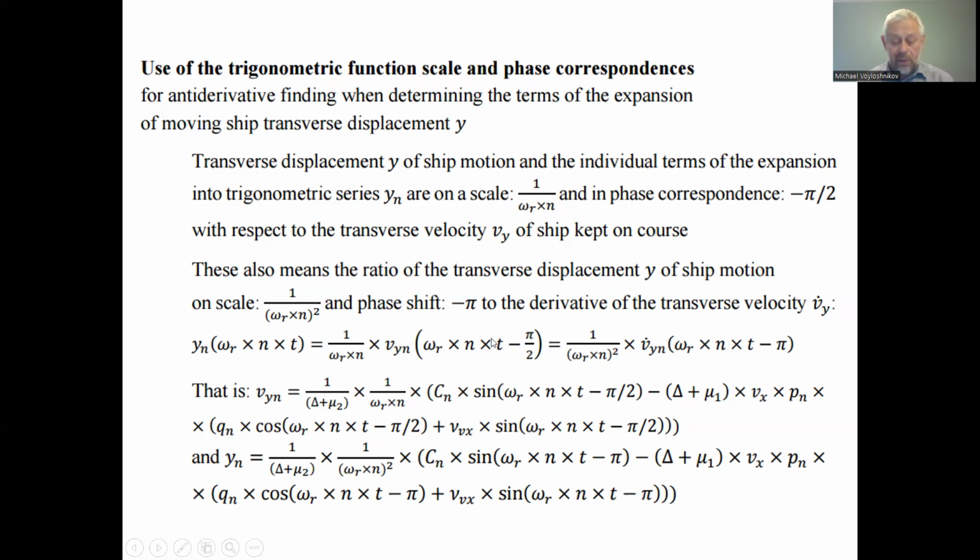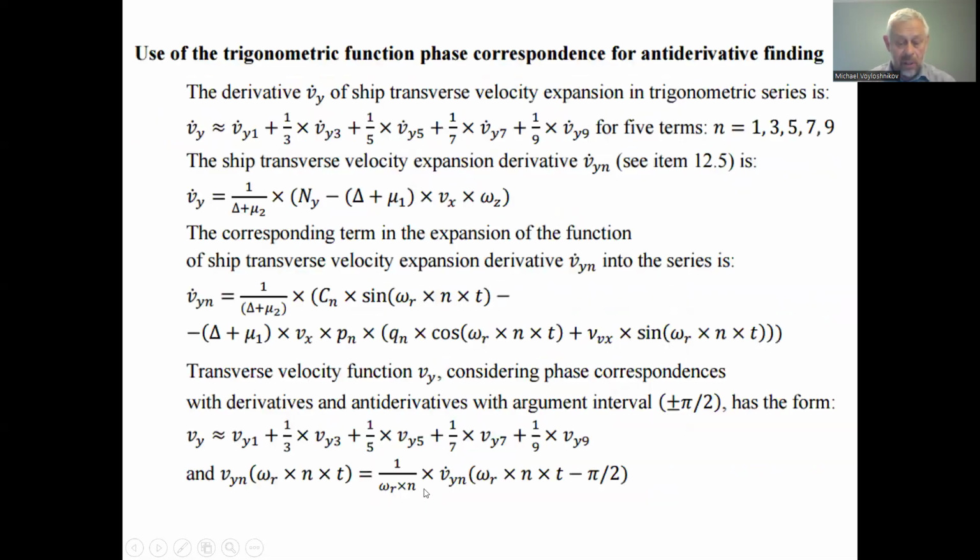So having the equation of the ship velocity kept on course, here we have this equation of the ship velocity, with the expansion of the velocity, and this corresponds to a term of the expansion of the translational acceleration in the transverse direction. This is the translational acceleration term, this is the transverse velocity term, and having the transverse velocity term we can find it using the same property of the sine function.